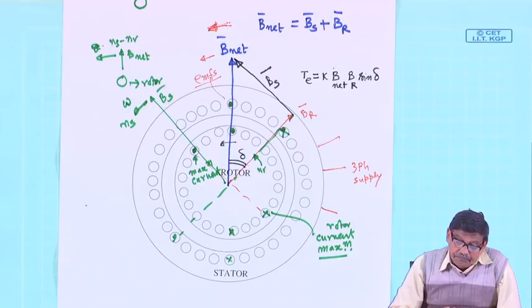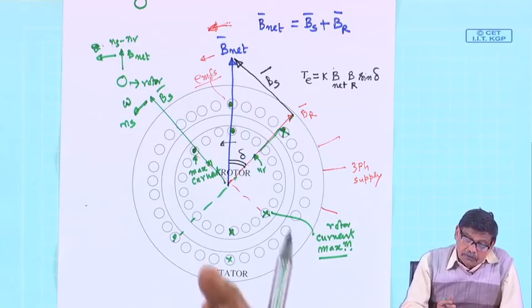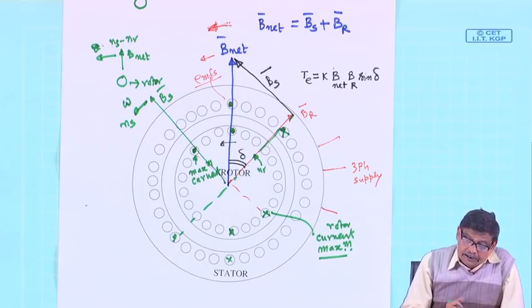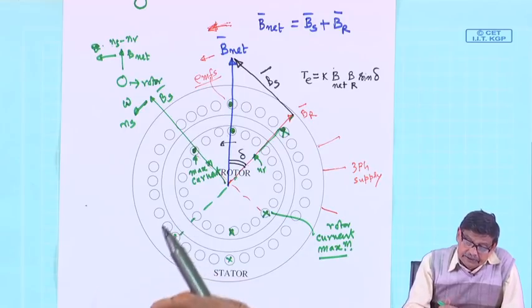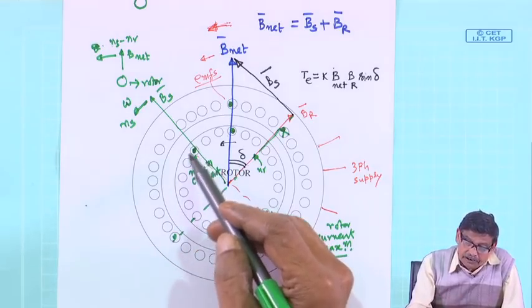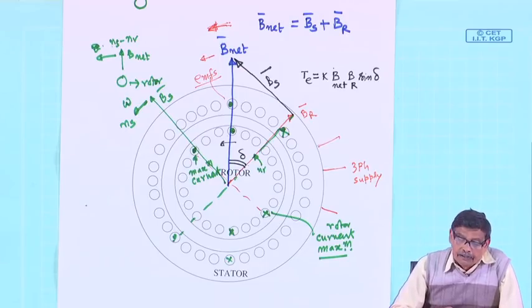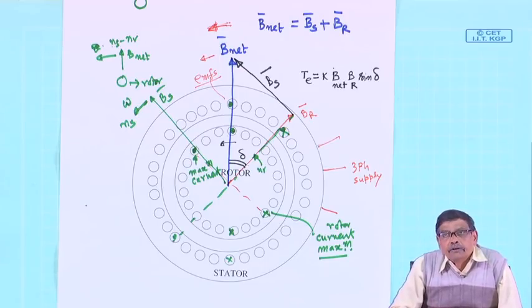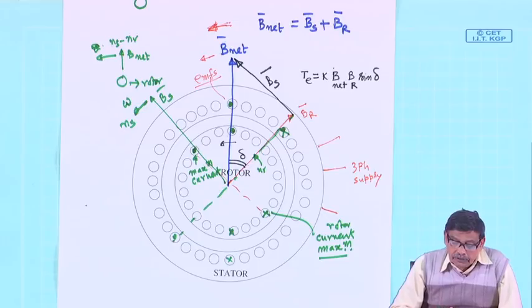I told you one thing, that is, the direction of the torque of the induction motor. I applied Faraday's law, in fact Lenz's law, to explain that the rotor cannot but rotate in the same direction as that of the rotating field.